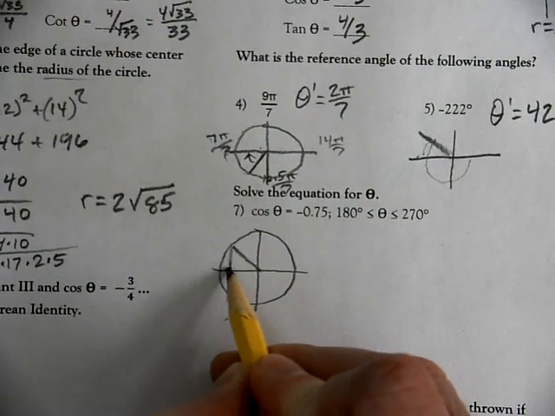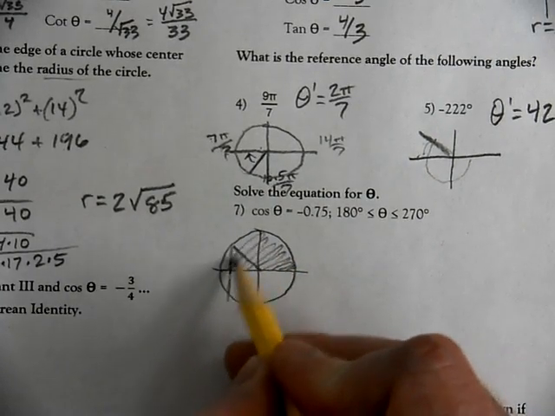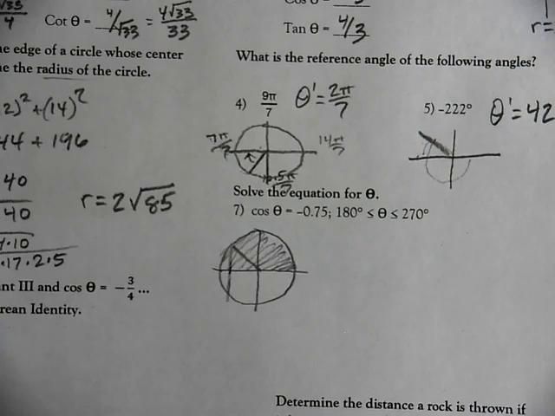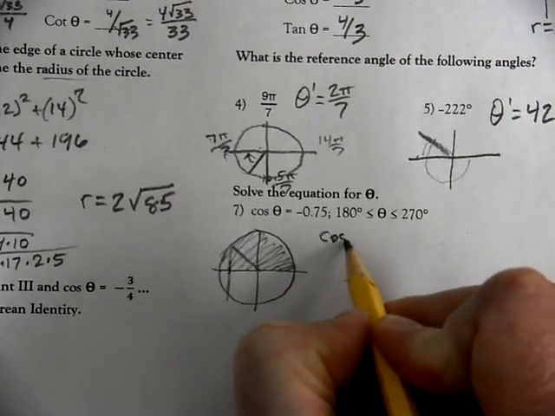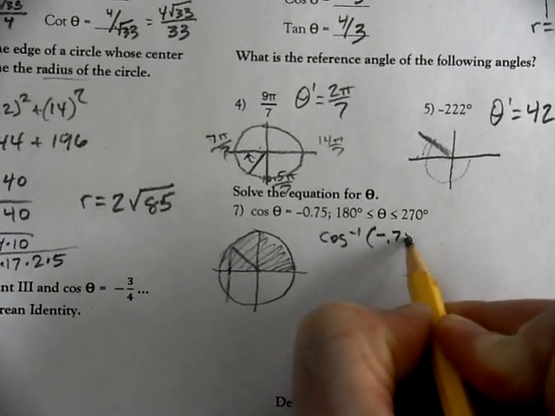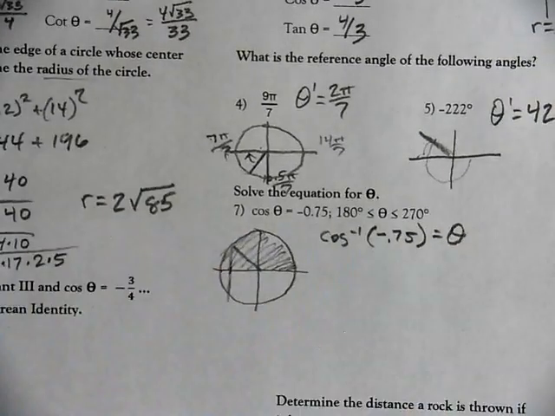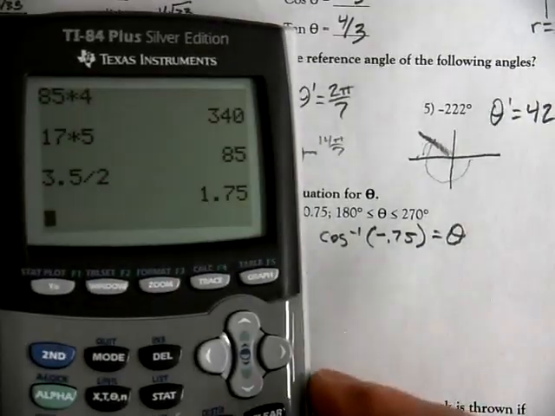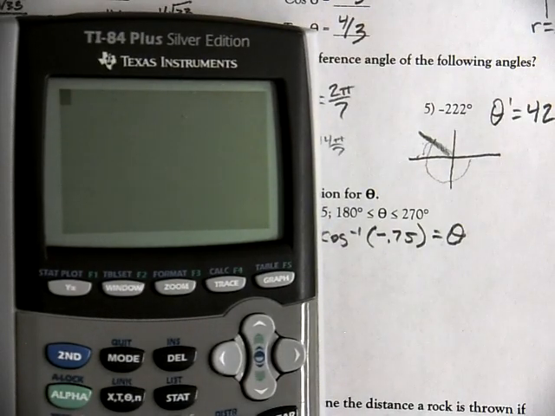Cosine is negative to the left. When we do cosine, we talk about answers in these two quadrants. So if I do cosine inverse of negative 0.75, I'm going to get my theta value. I'm going to get the angle that makes that. I don't believe that that's a unit circle number.